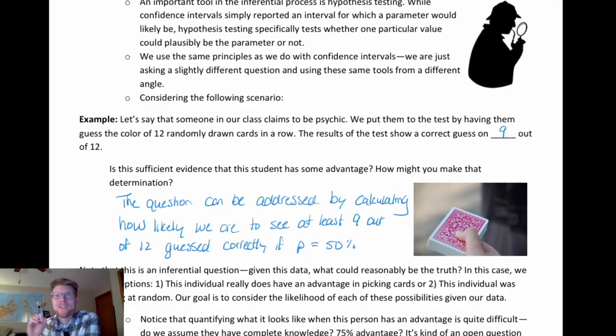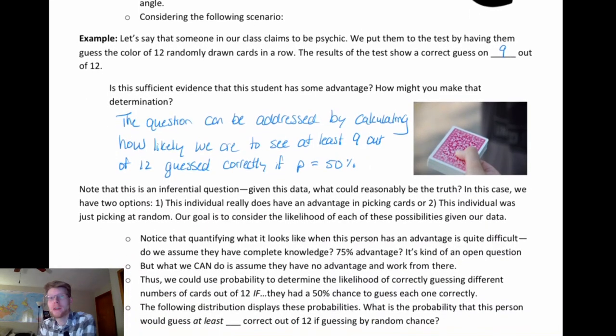So not p-value, which we will talk about a little bit later. I'll try to write p-value when I mean a p-value, and I'll usually just write p if I'm talking about a proportion, like a parameter in a population. So in this case, our hypothesized proportion is that she's guessing with 50% chance on each card. Okay. So this is an inferential question, right?